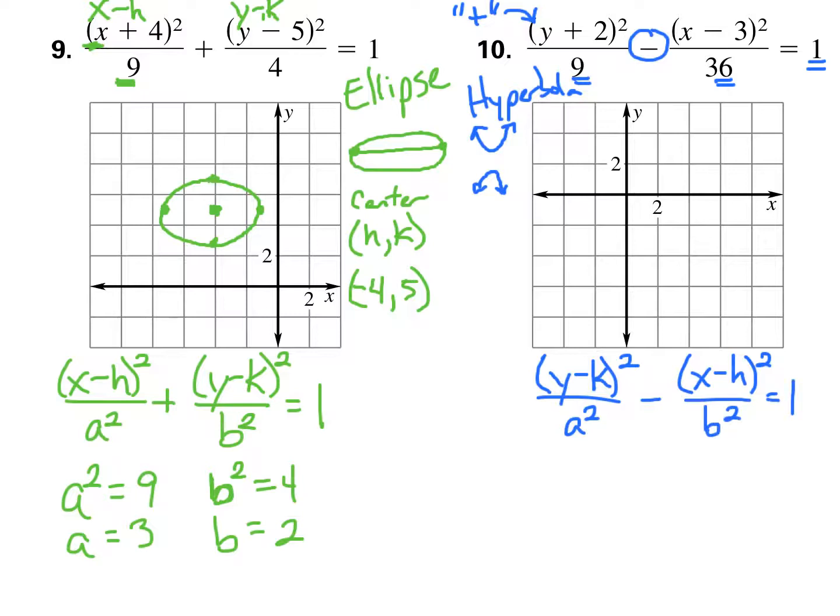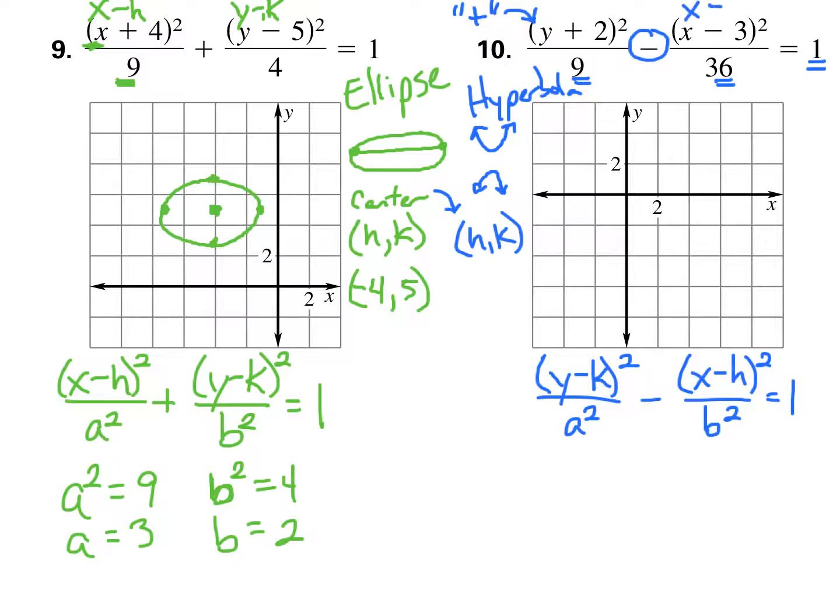So now that we've got it looking like the right equation, we can easily identify our center. Our center is again going to be h comma k, just like it was over there for our ellipse. But we need to remember that now the h is over on the other side.